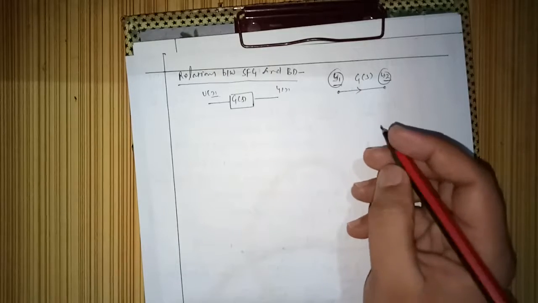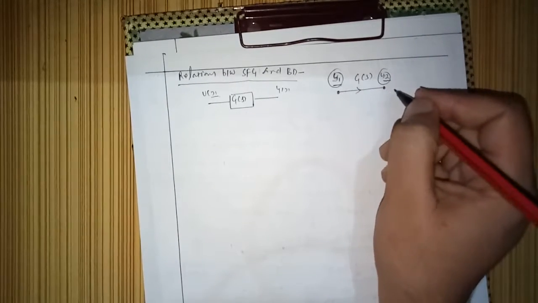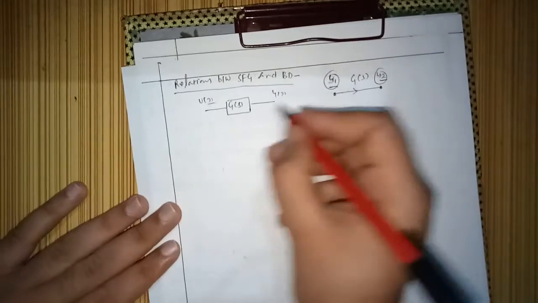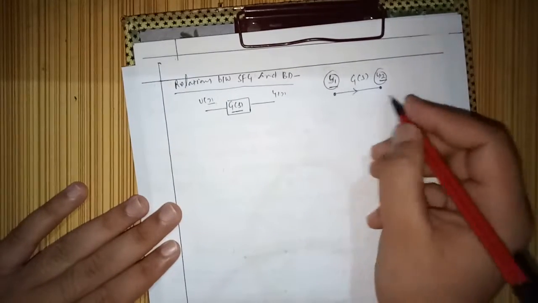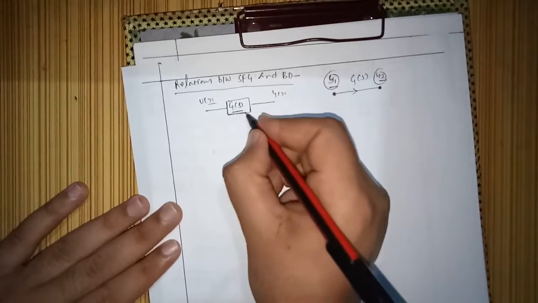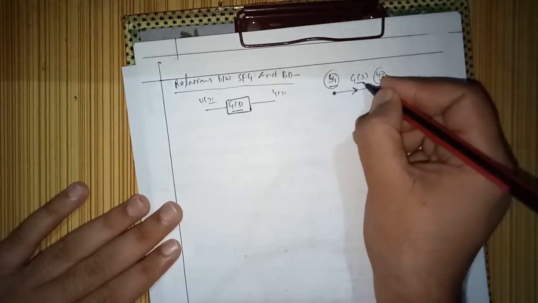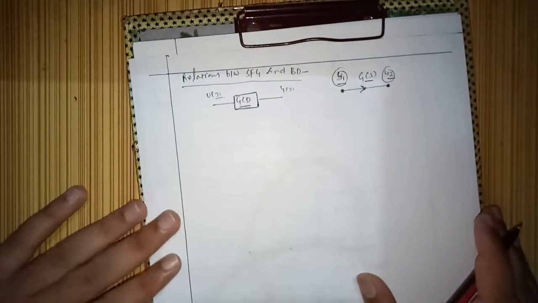We will see how we can make output node and input node from this, but for the sake of understanding, gain is represented. I want to emphasize that this gain block is represented by this arrow and the value mentioned above it.